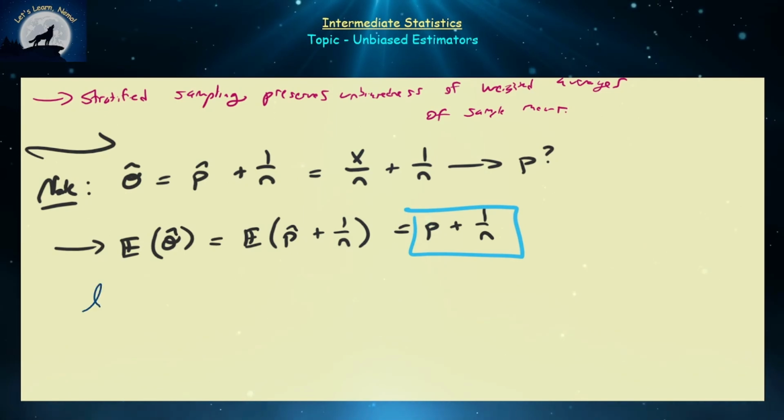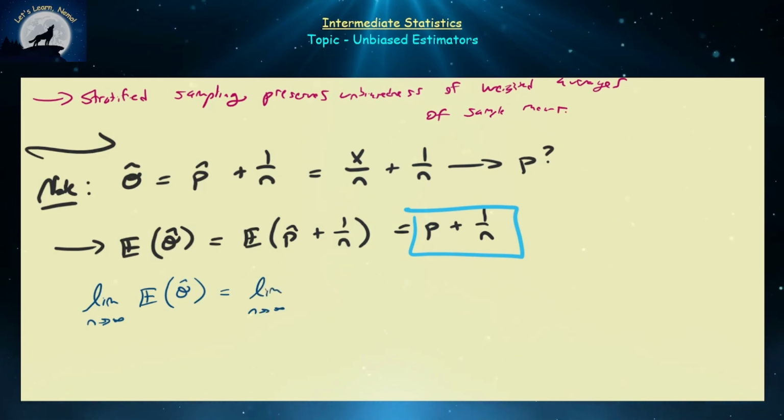So if we take the limit as n goes to infinity of the expectation of theta hat, we have the limit of p plus 1 over n, and p doesn't depend on n. P hat might, but p does not. But 1 over n converges to 0, just leaving us with p.